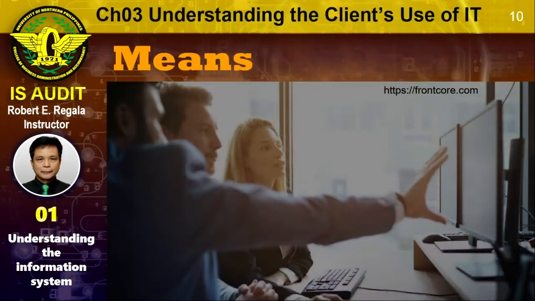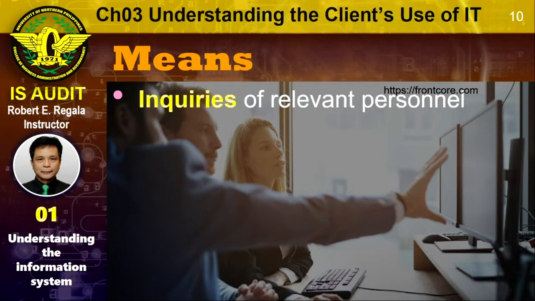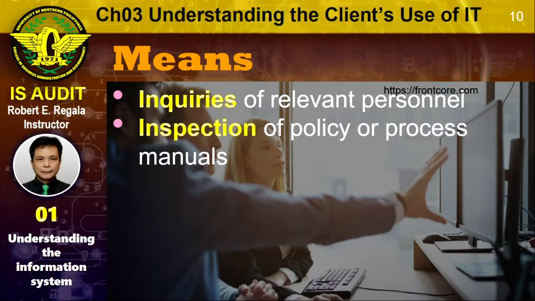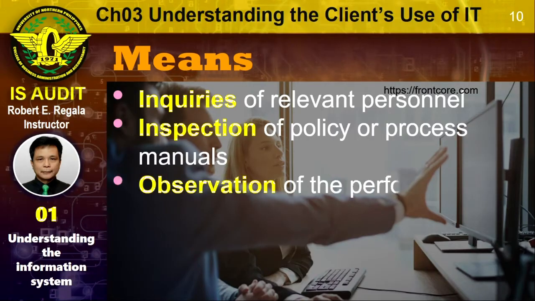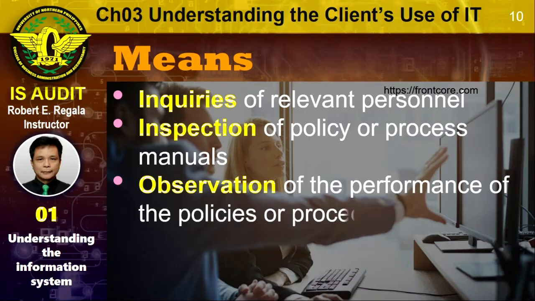Ways to understand the information system. The auditor's understanding of the information system may be obtained in various ways and may include the following, which were also discussed in your auditing and assurance subjects. Inquiries of relevant personnel about the procedures used to initiate, record, process, and report transactions, or about the entity's financial reporting process.